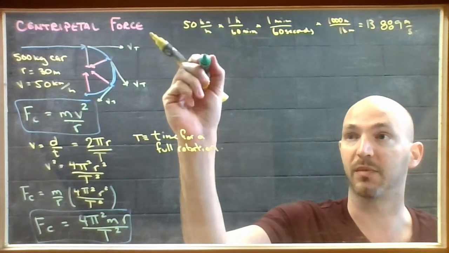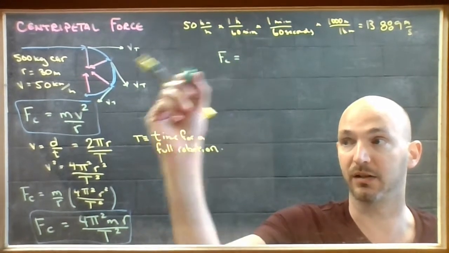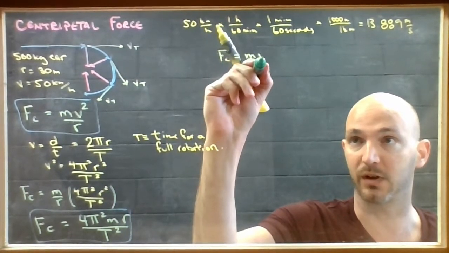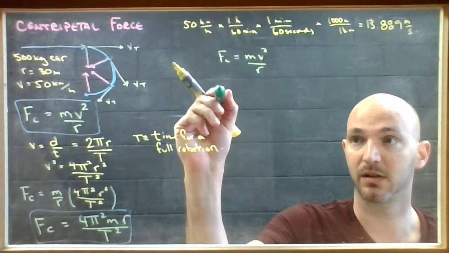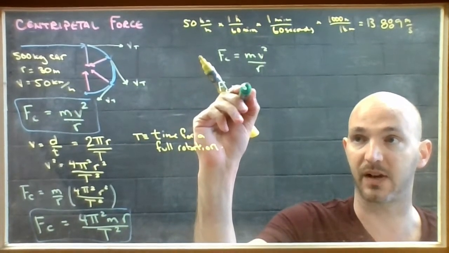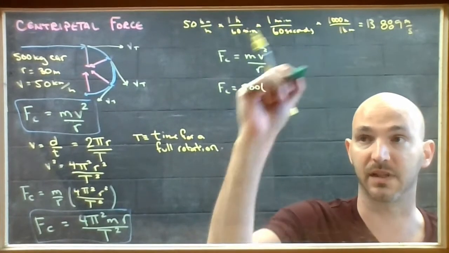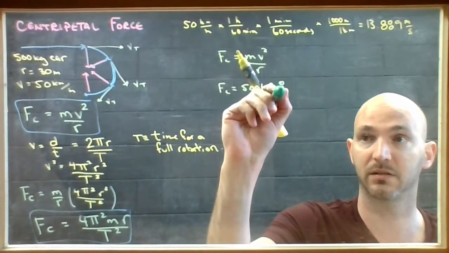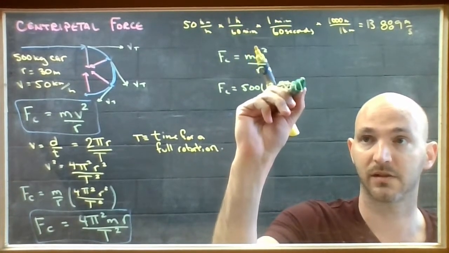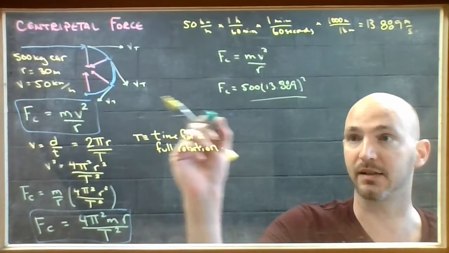So I start with my centripetal force formula, mv squared over r. So the centripetal force would be 500 times this crazy number up here, squared, and the radius is 30 meters.